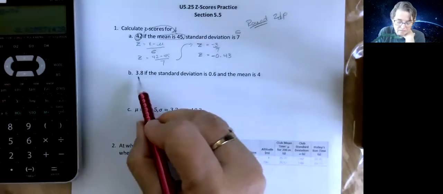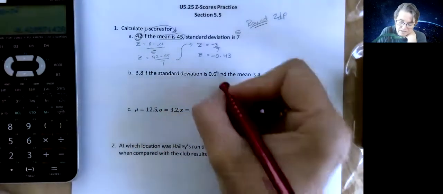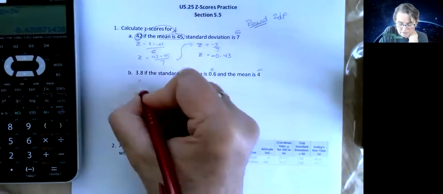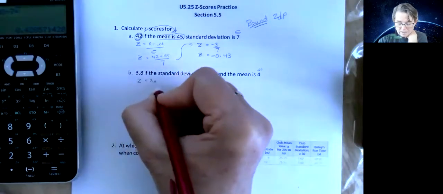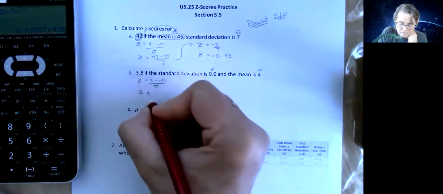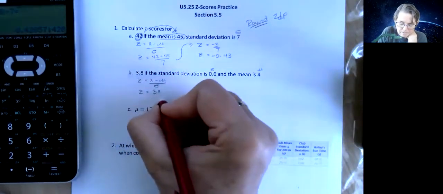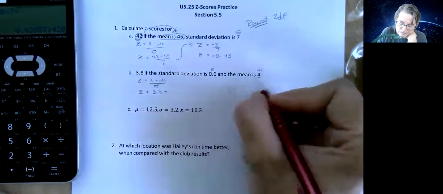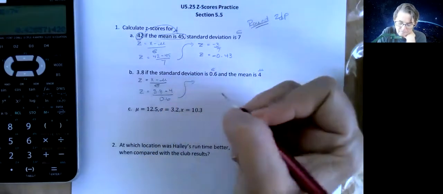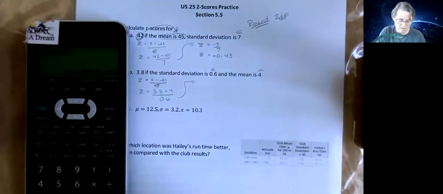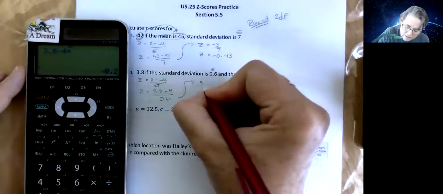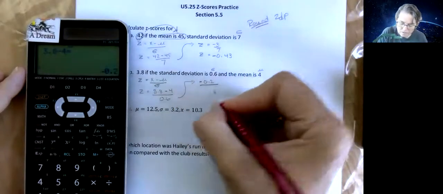All right, we have find 3.8 if the standard deviation is 0.6. Okay, so this is sigma, and the mean is 4. That's my mu. So Z-score equals X minus mu over sigma. Z-score equals 3.8 minus, what's my mean? 4 over 0.6. 3.8 minus 4 is negative 0.2 over 0.6.